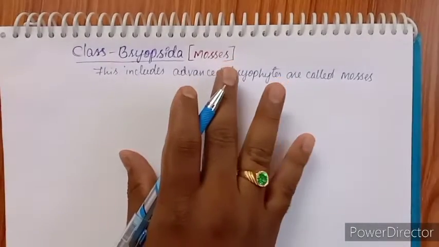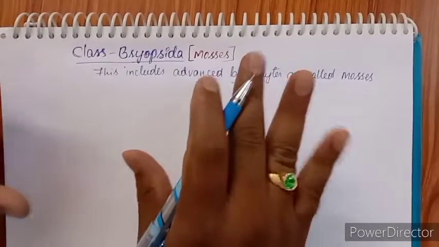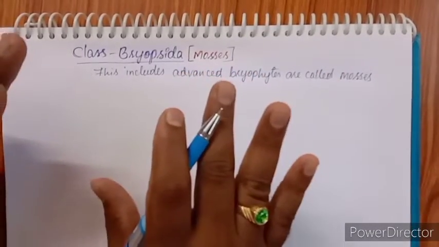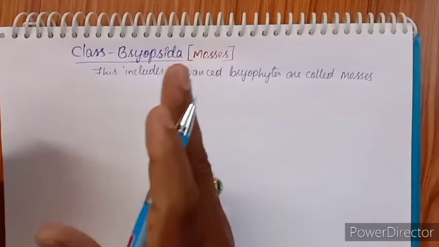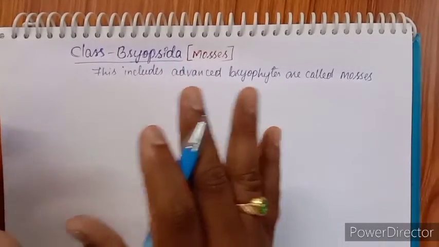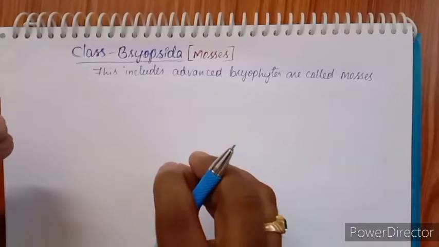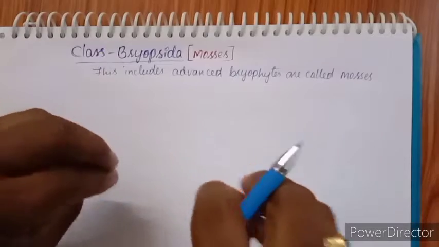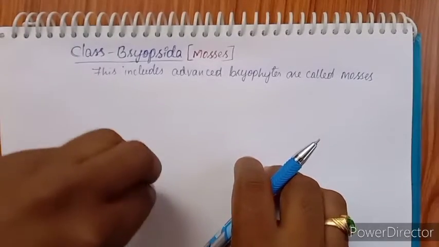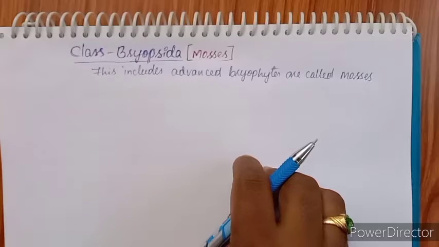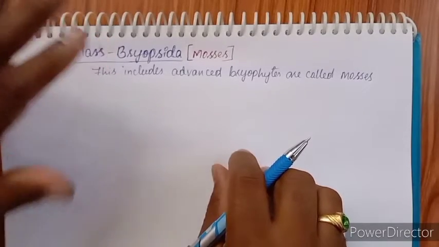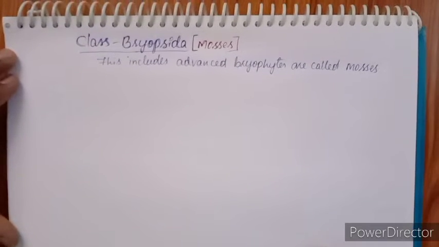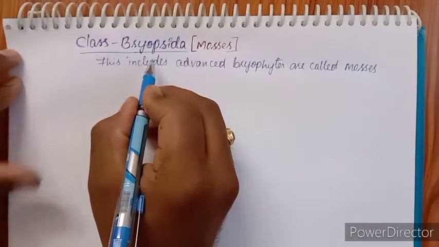Here also the plant body is thallus only, but we are not supposed to call it dorsi-ventrally flattened, because here the plant body is erect and vertical. It shows root-like, leaf-like and stem-like structures, but there is no true stem, no true roots and no true leaves. That is the special thing we have to observe here.